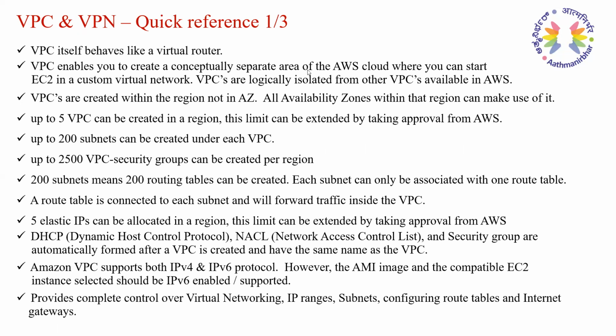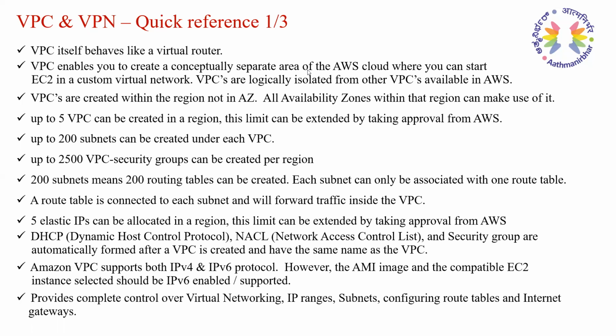VPCs are logically isolated from other VPCs available in AWS. Virtual private clouds are created within the region and not in an availability zone. Please be noted, the VPCs are tagged to a region. However, all the availability zones in that region can access that VPC.